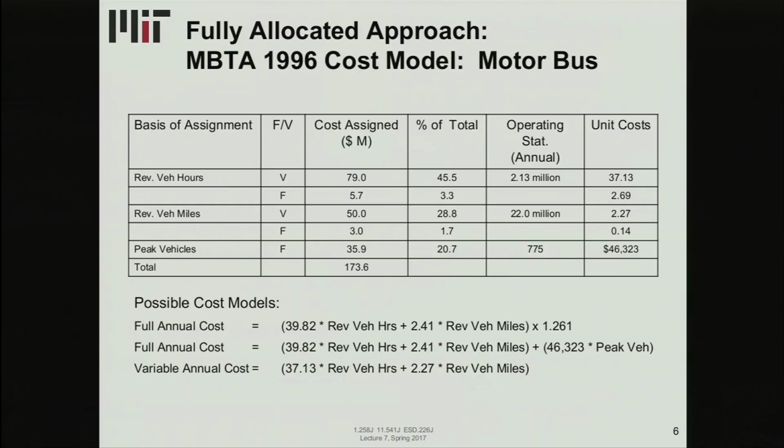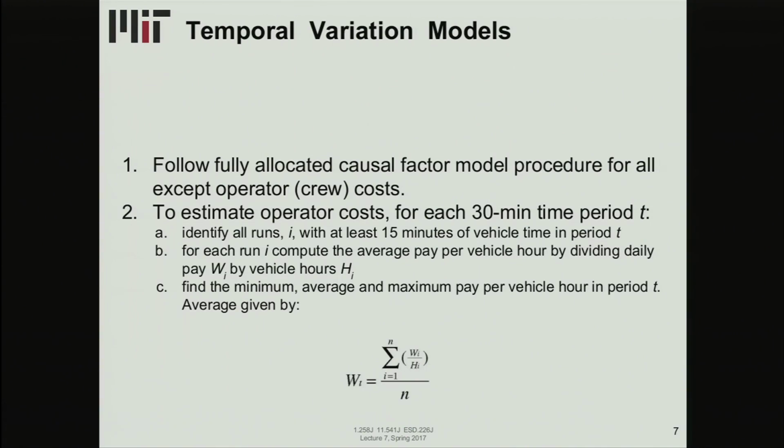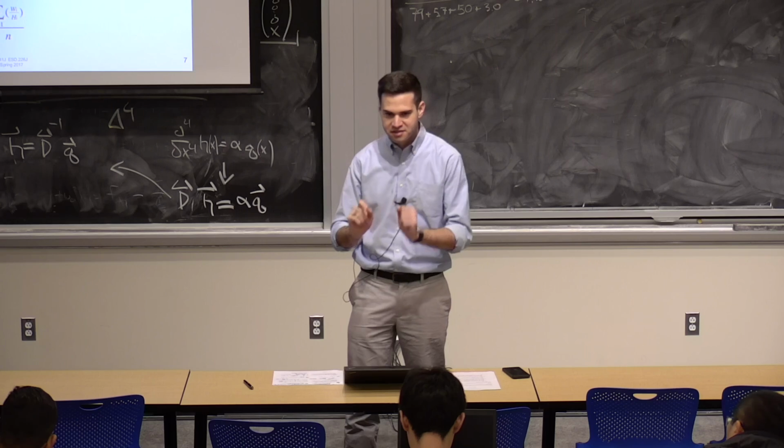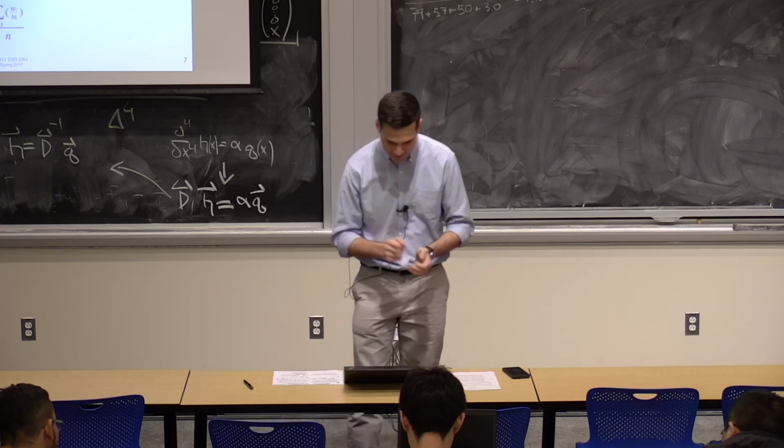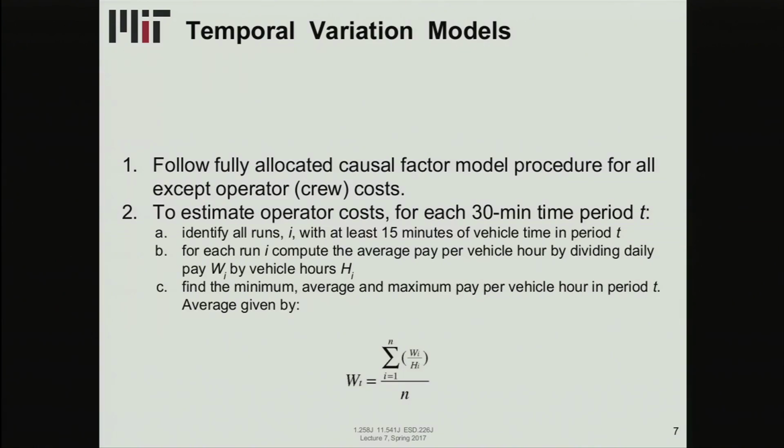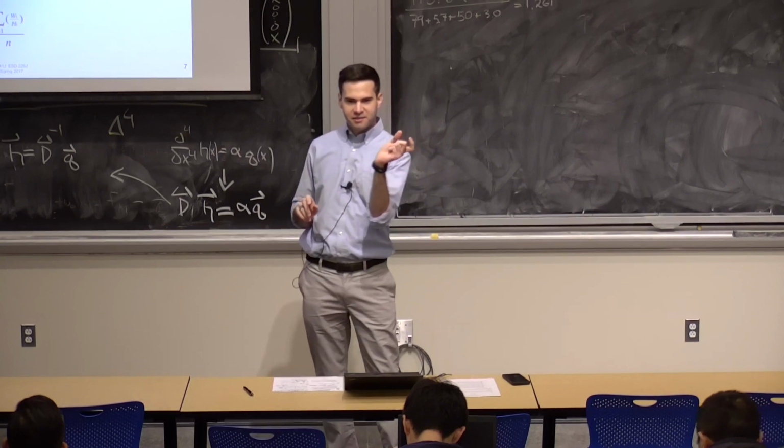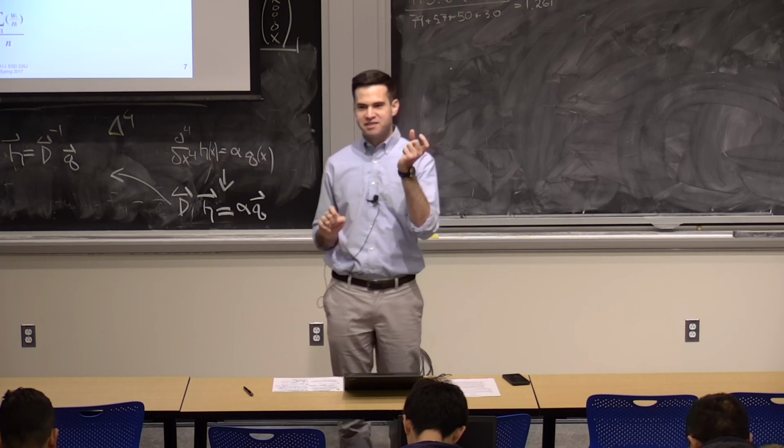Okay, so the approach of this model, which is an extension of the first one, is to do everything that we did except for driver costs, because these costs are very sensitive to time of day. And for those costs, for crew costs, we take the day, we divide it into 30-minute periods, and then we look at all runs. Now, a run is what a driver does in a day, right?